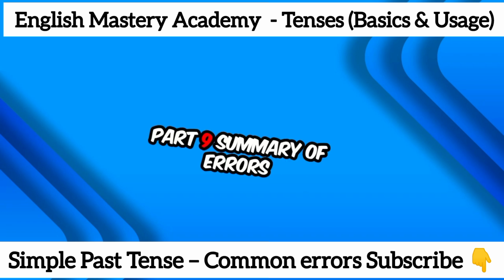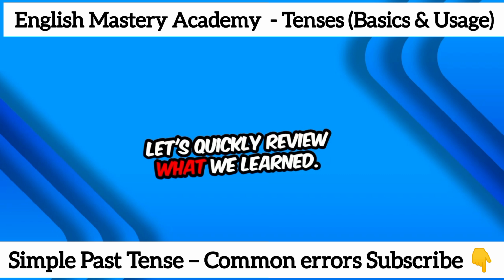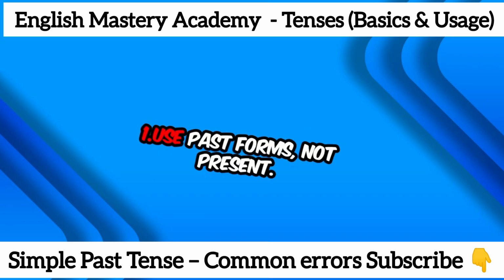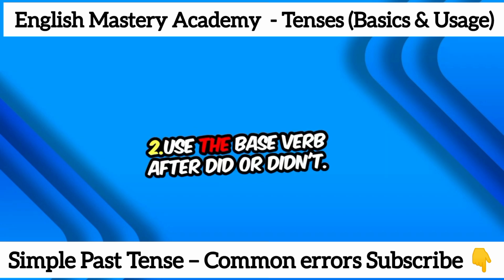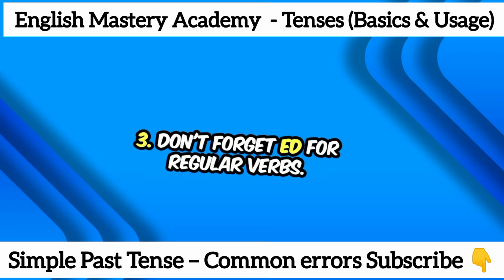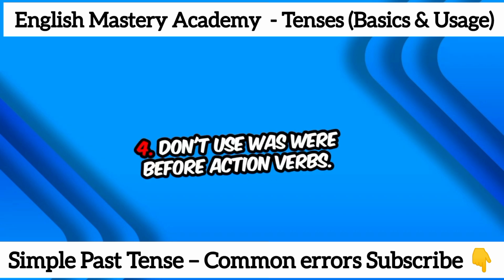Part 9. Summary of errors. Let's quickly review what we learned. 1. Use past forms, not present. 2. Use the base verb after did or didn't. 3. Don't forget -ed for regular verbs. 4.